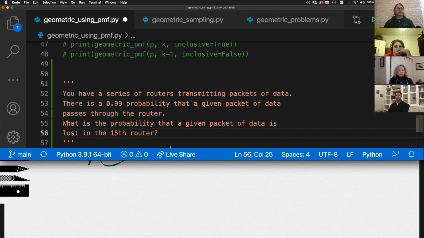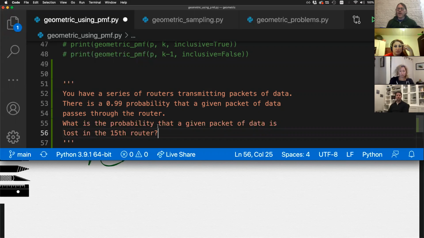So in this case, I'm just making a small argument for this because you could frame this either way. We're thinking about this packet very much in terms of success, very much in terms of it passing through the router. And we want to think of the packet being lost as being a success because we want to determine this probability that something is going to happen in the 15th router.